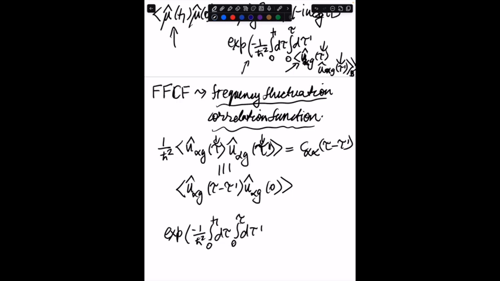You guys should try this out, and then it can be written as you had alpha g tau prime, you had alpha g 0, trace over the path. So it can be rewritten in this way as compared to the way it is written where there's tau and tau prime.